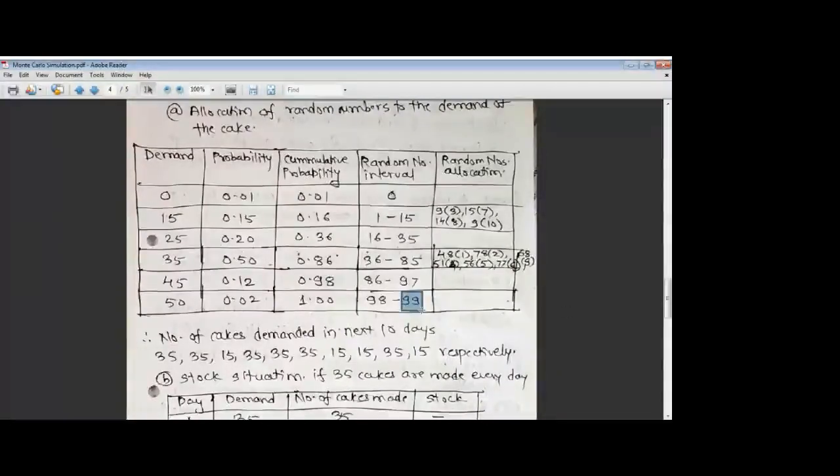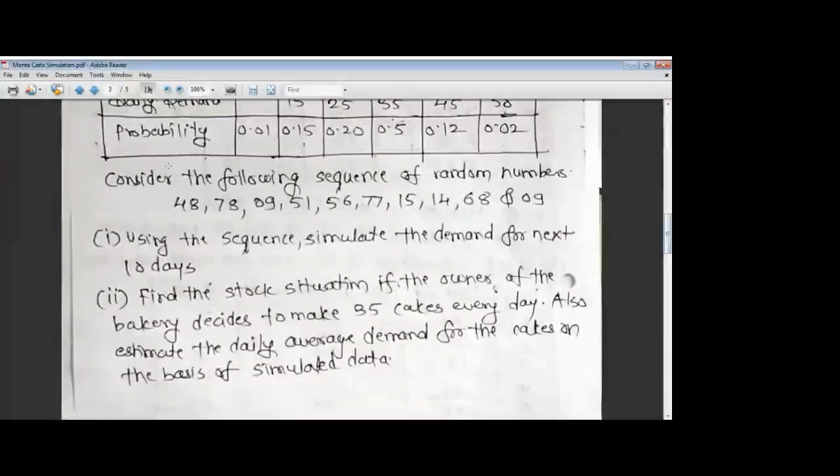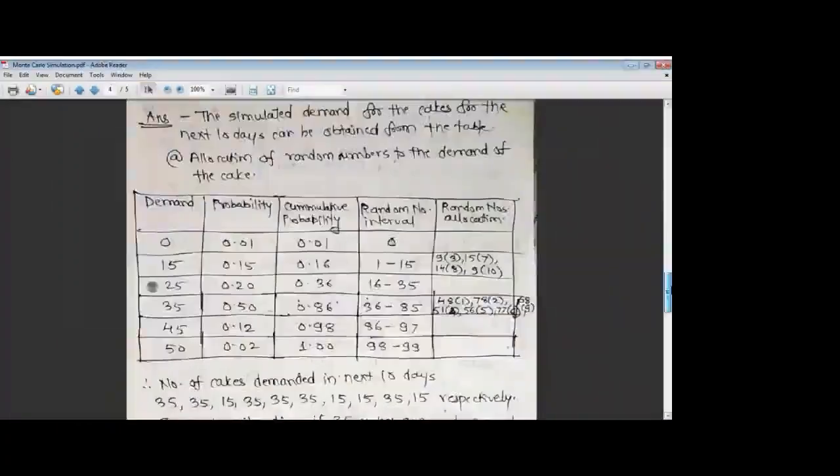So the complete set of random numbers we have is from 0 to 99. Any number between 0 and 99 can act as a random number for us. But we have been given the random numbers here, and if you see properly, all of these are between 0 and 99.